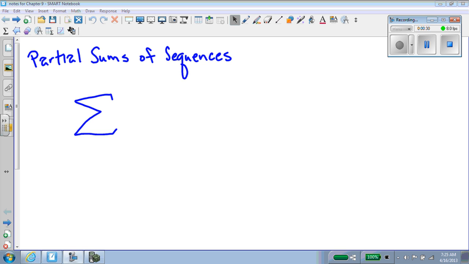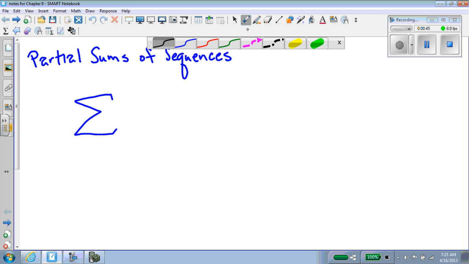So when a problem wants you to find the sum or the partial sum, they often use the symbol sigma. This is sigma. It's a capital Greek letter, sigma, and it always stands for sum when it's used in mathematics. So if we wanted to find a sum, we would indicate the functional definition right here.